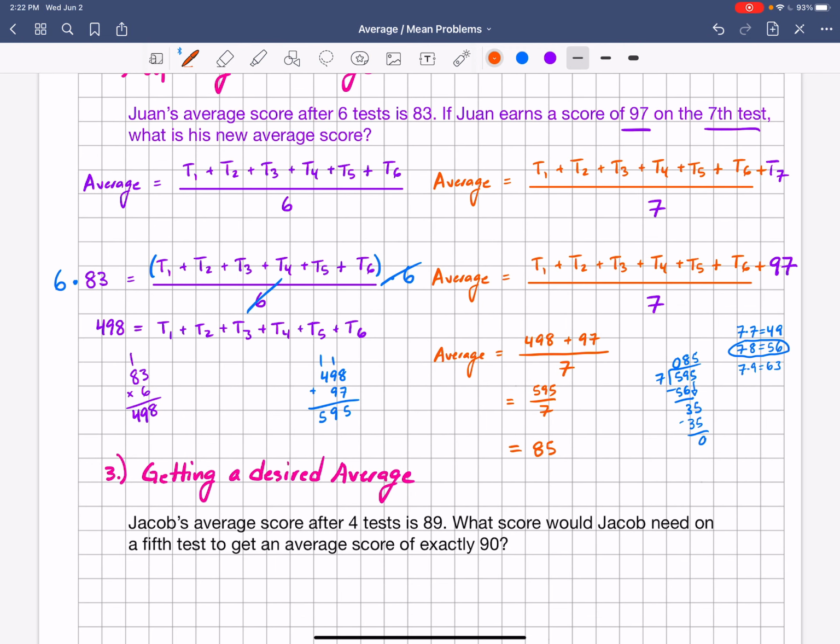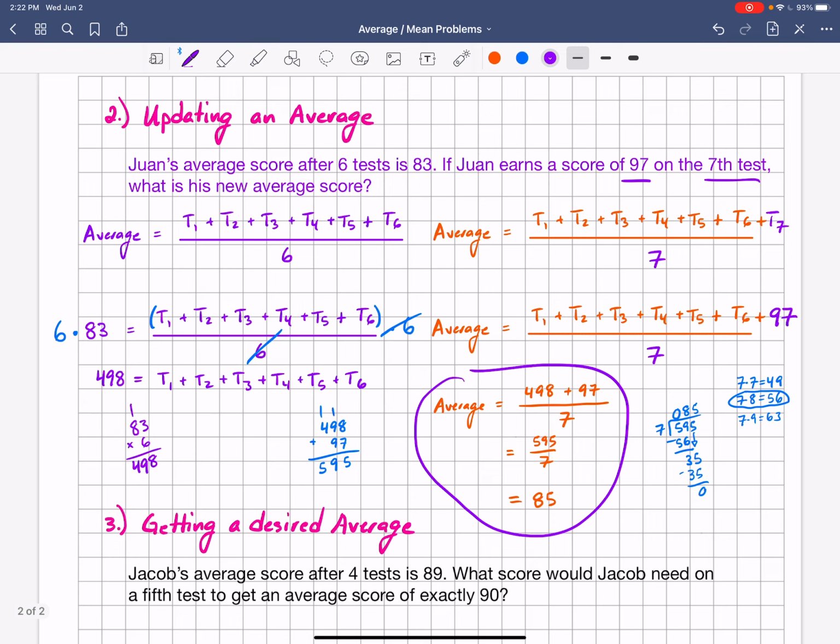I know we have a bit of information in a small space, so we don't have a lot of space to spread this all out, but we can look at the original question and try to refresh what's going on. So Juan's average score after 6 tests was 83. He took a 7th test and he got a really great score.